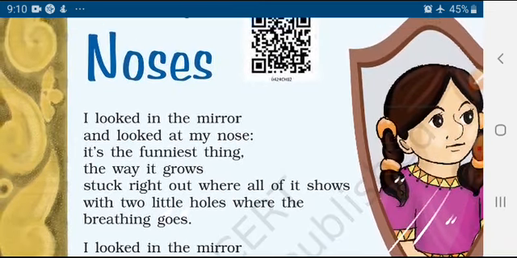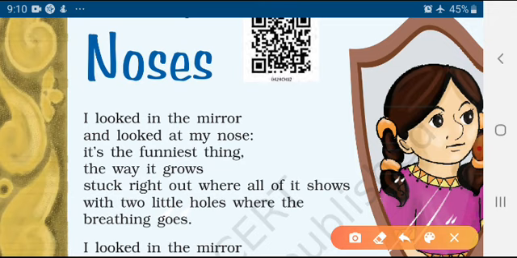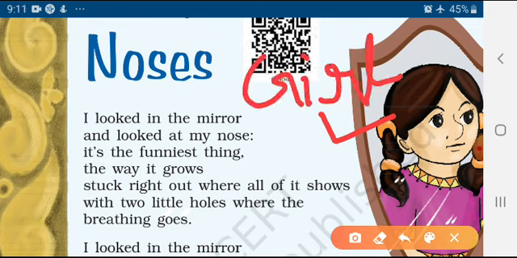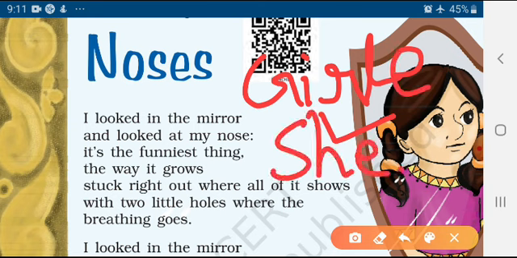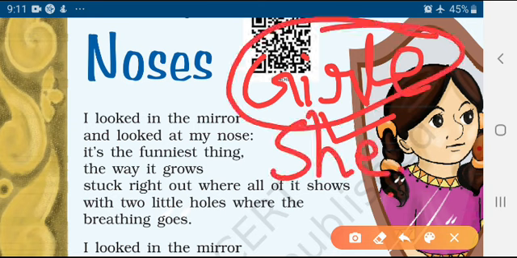The first line, he is saying, not he, I think in the picture you are seeing it is a girl, she is a girl, so we will use she for her. For this girl we will use she.